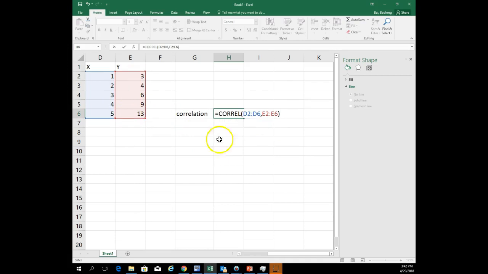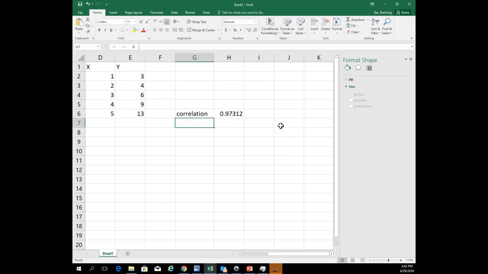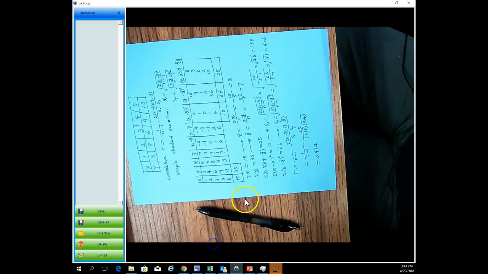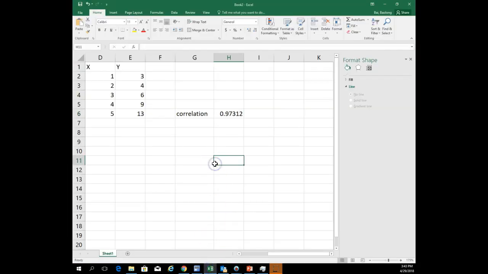Then close the parentheses, so the function is complete. You hit enter, and that gives you the correlation between two numerical variables. It's 0.973, which is very close to what we calculated by hand, 0.974. Think about it, we could have rounding errors when calculating by hand.